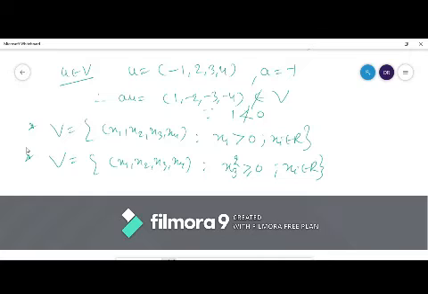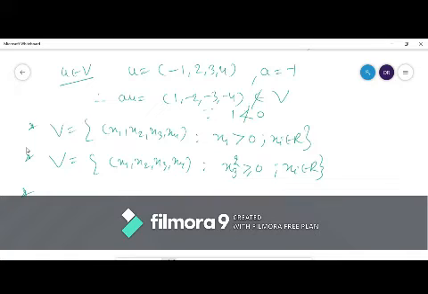So this satisfies all the properties of a vector space, hence V is a vector space. If a particular element is 0, that is first element is 0, or second element 0, or third 0, or fourth 0, then this is also a vector space.